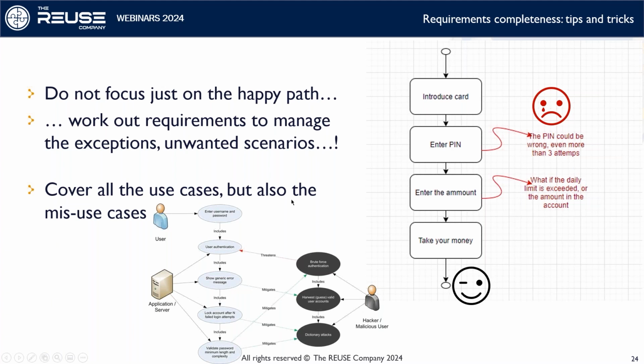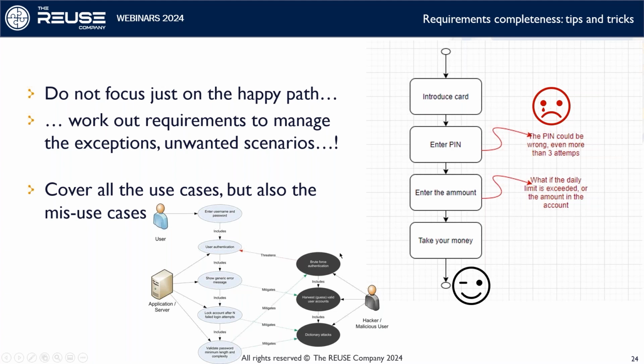Also cover all the use cases, but also the misuse from a hacker, for example. So what happens if the user doesn't have the expected behavior that we are describing? So we talk about unwanted scenarios.